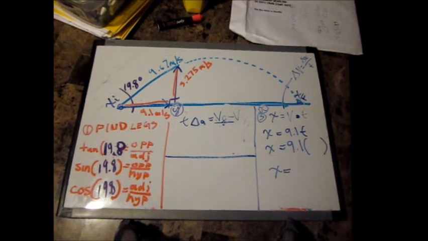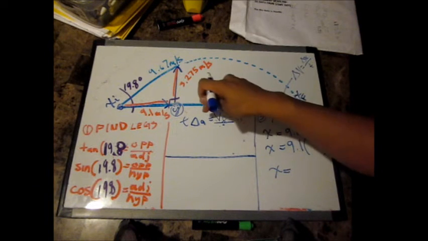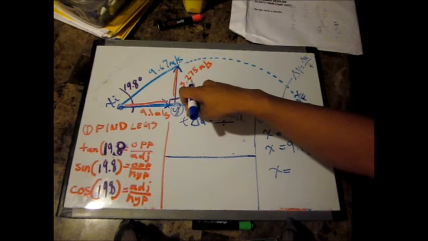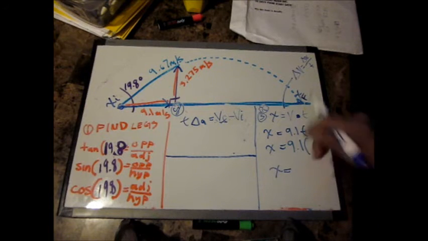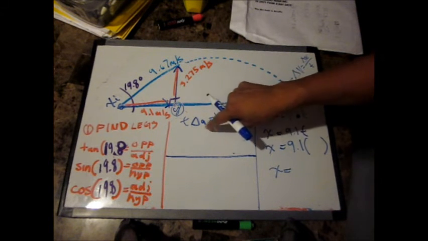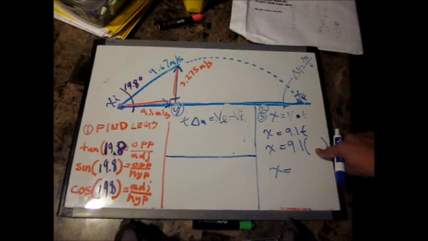So what you end up getting is vf minus vi equals your acceleration multiplied by your time. But we just want the time, right?